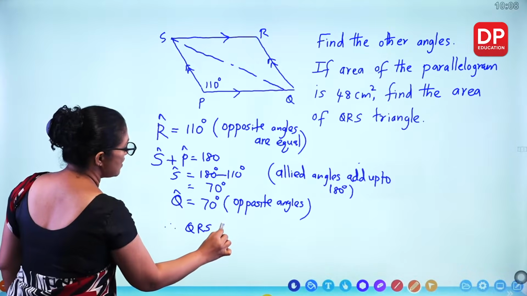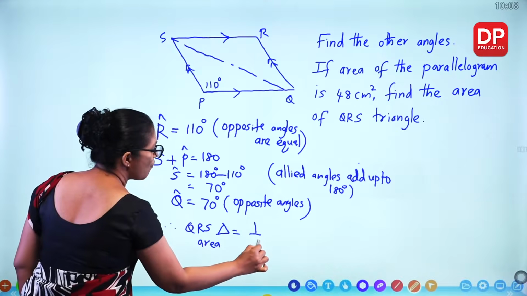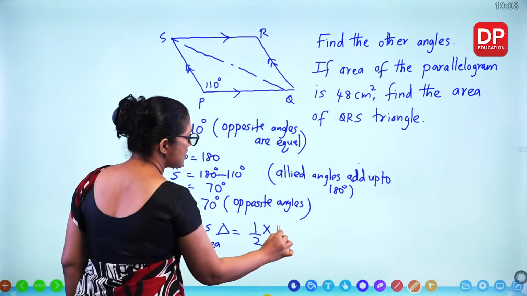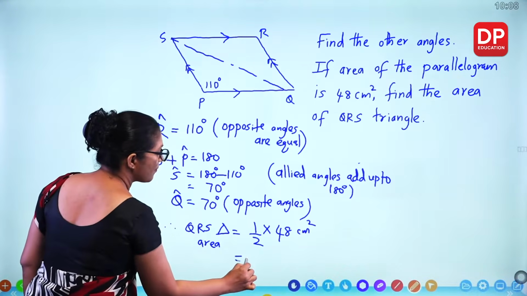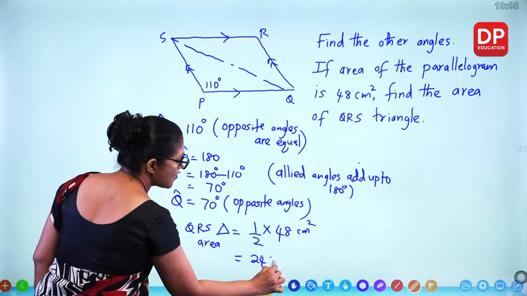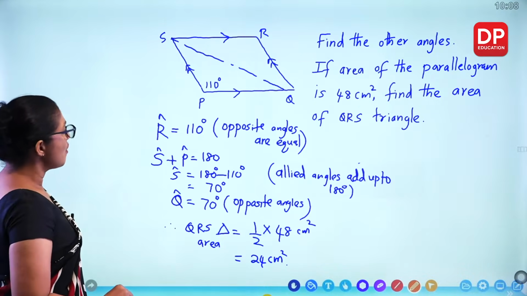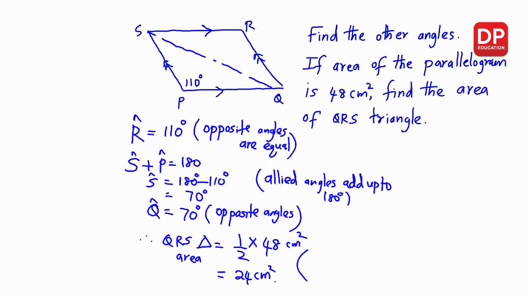QRS triangle area is half of the parallelogram area. That's 48. 24 square centimeters is the area of QRS according to theorem number 1.